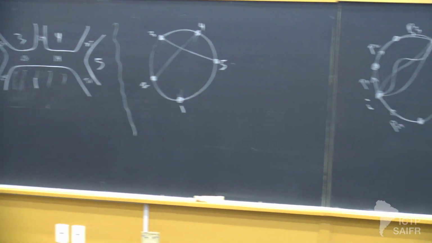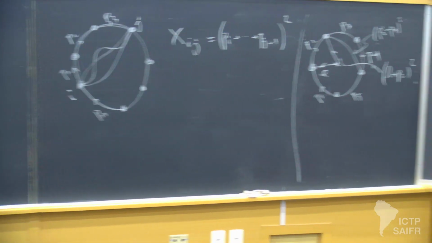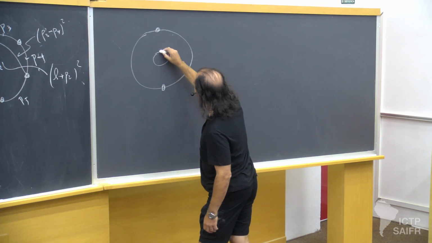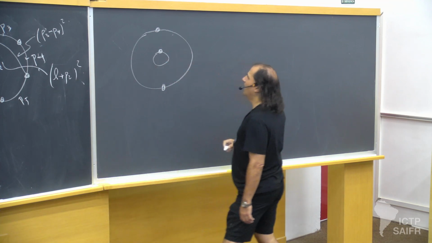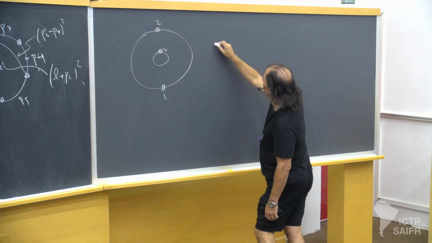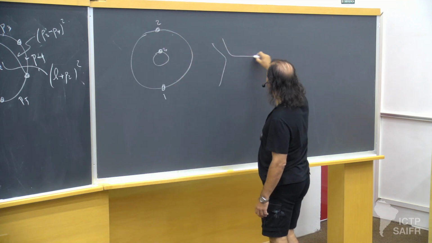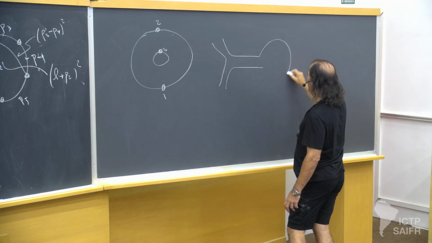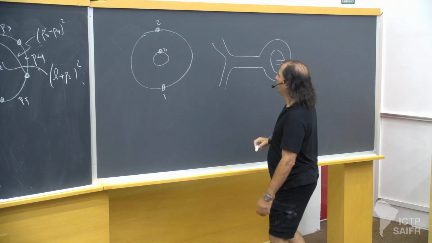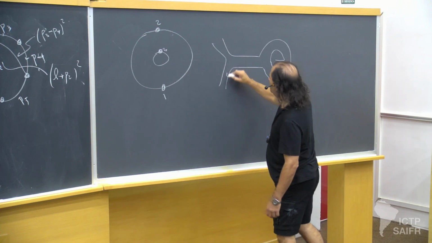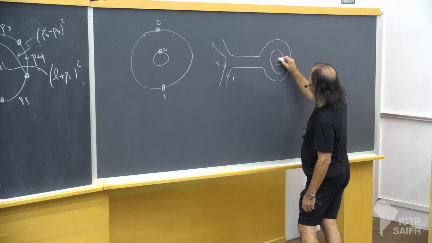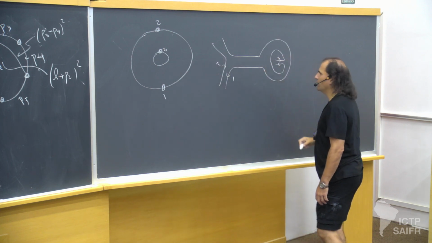When you draw the annulus, so something like this, let's say 1, 2, let's say 3 here. This could correspond to a Feynman graph that looks like this. Okay? So this would be 1, 2, and this would be 3 on the inside here.